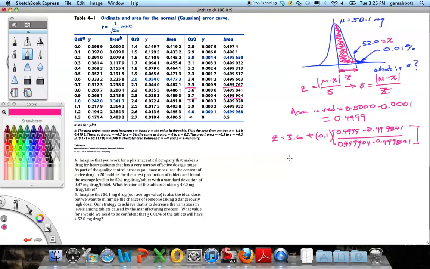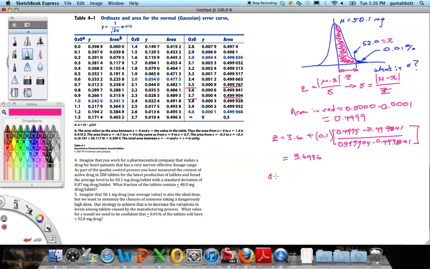So if we take those differences and calculate the ratio, we get a z-value of 3.6, and the next digits are 9, 3, 6.